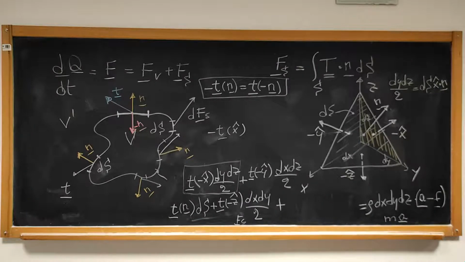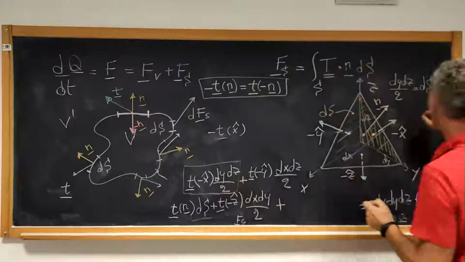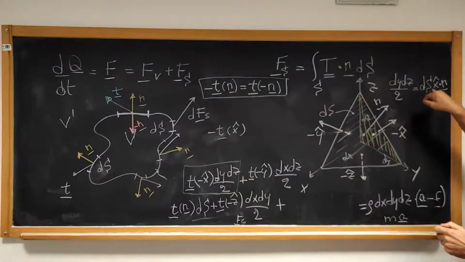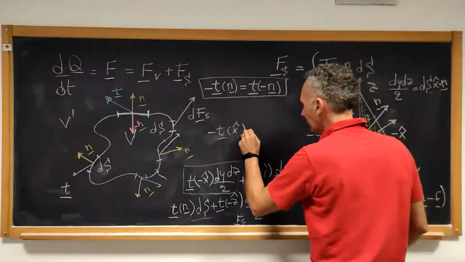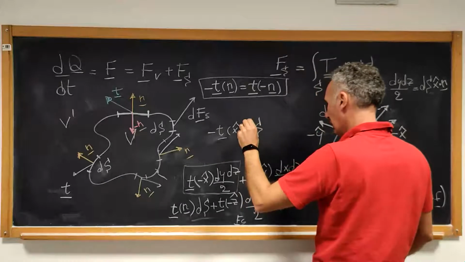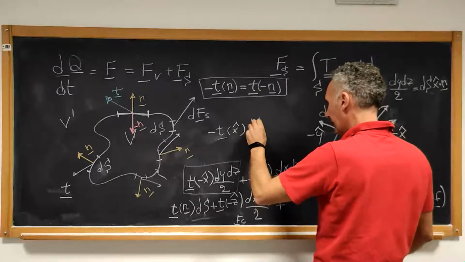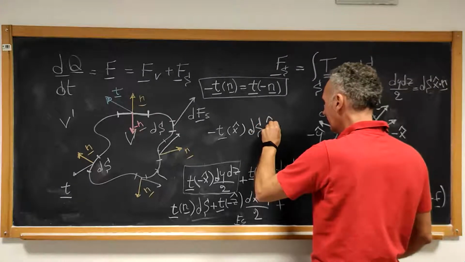Okay? So, in place of dy dz divided by 2, I can write ds x hat dot n.